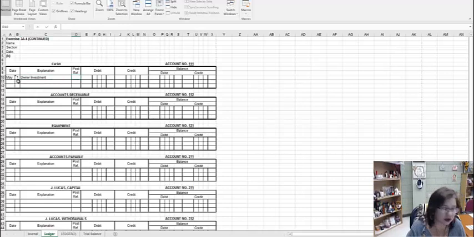And the post reference, of course, is going to be general journal number 1, because it's the first page. So you're going to debit it for how much? $8,000. So you're going to put in here $8,000. And then you're going to have your balance of $8,000.